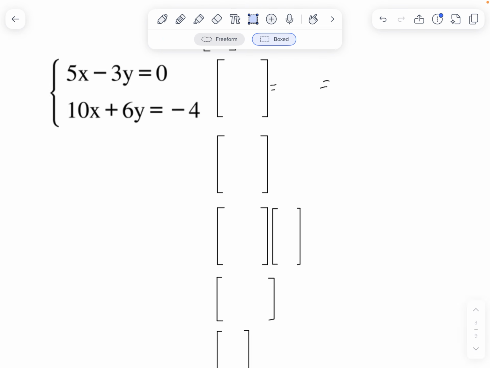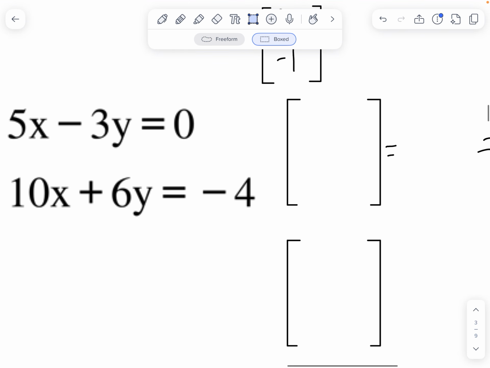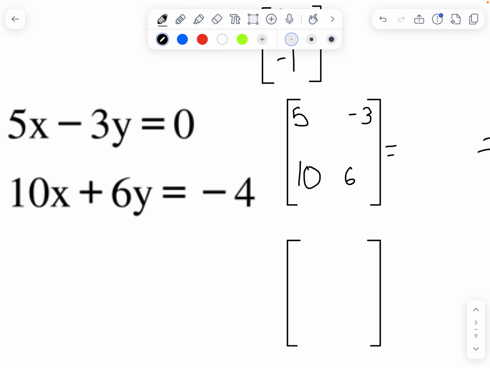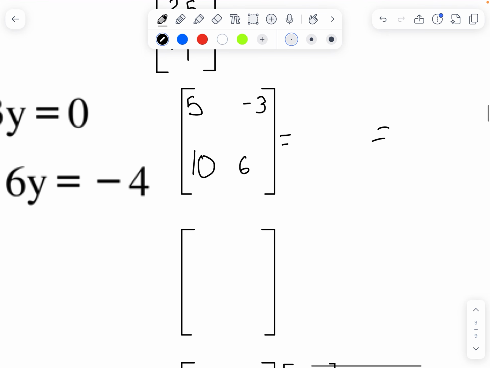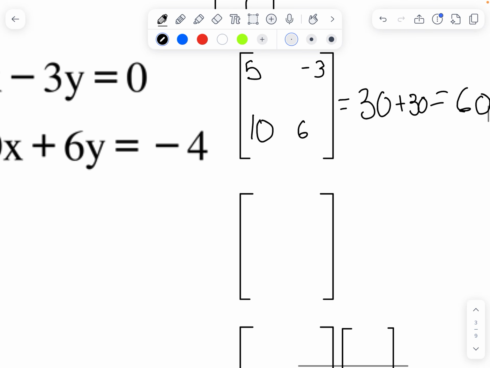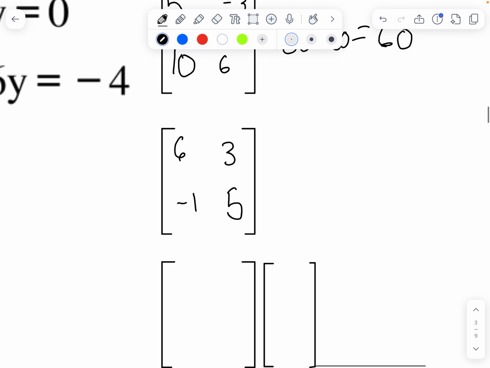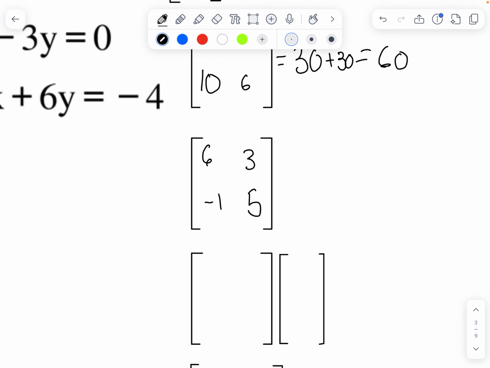Okay, so this is 5, -3, 10, and 6. So then this is 30 plus 30, and so this would equal 60. And now we have to do the switching. So this is 6, 5, 3, and -10.